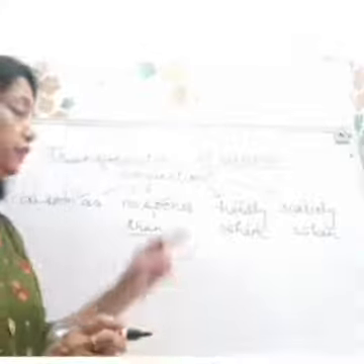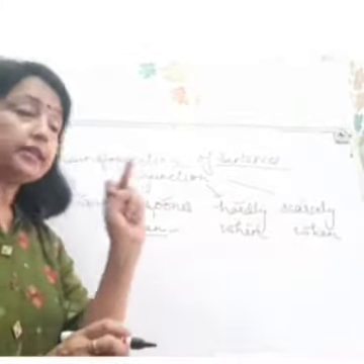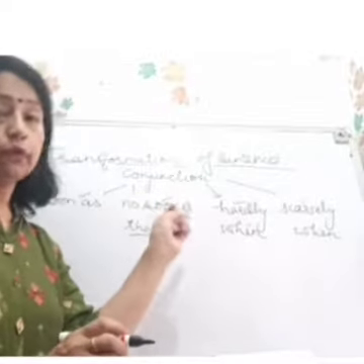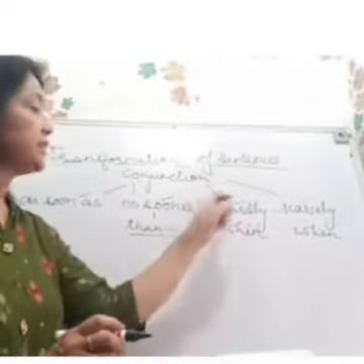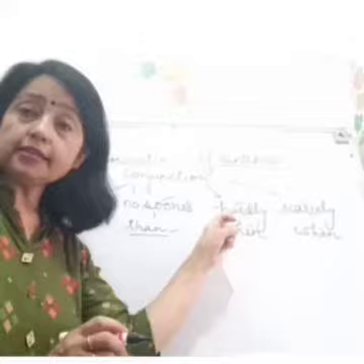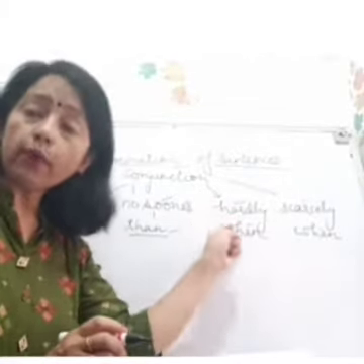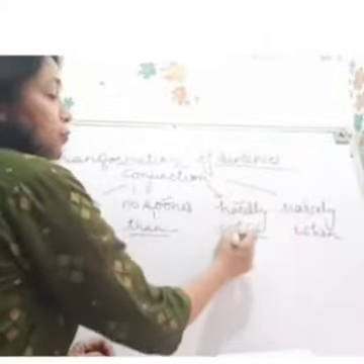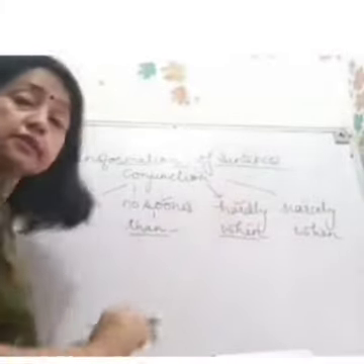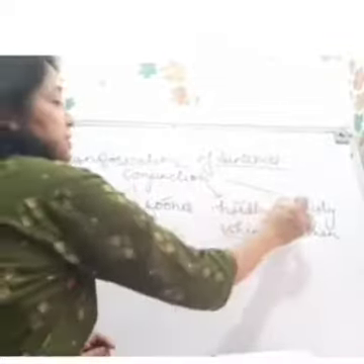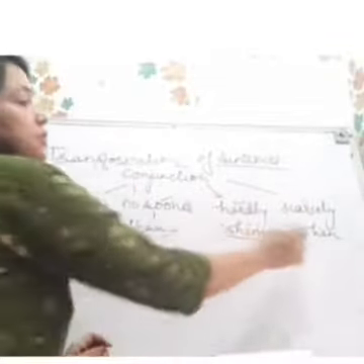When we start a sentence with no sooner, it is always followed by than. Same, when we start any sentence with hardly, it is followed by when. It is the rule that when should come whenever the sentence begins with hardly. And same with scarcely, we use when.